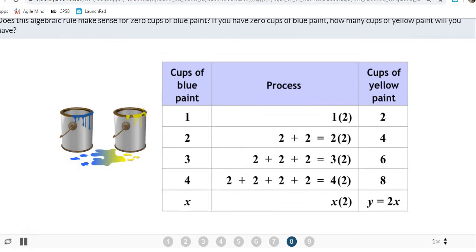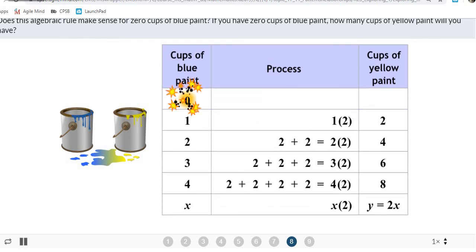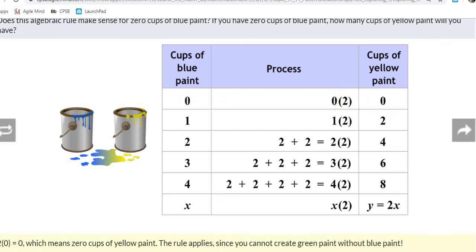Okay, so the next slide here, they turned to 0 cups of blue paint. Well, how many cups of yellow am I going to have if I have 0 cups of blue? 0 yellow. Does that make sense? Well, if I have no blue paint times 2, what is 0 times 2? 0.